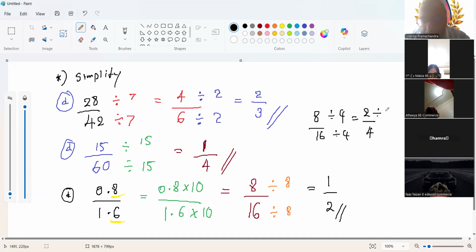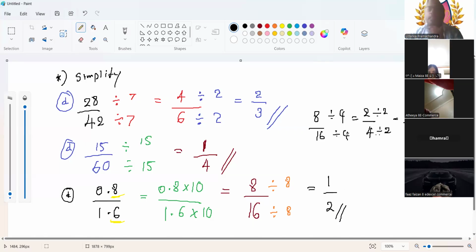Again, you can divide by 2. So 2 divided by 2 is 1, and 4 divided by 2 is 2. Same answer, no?